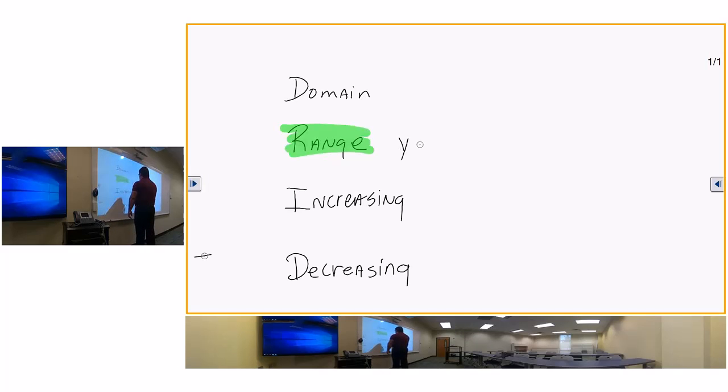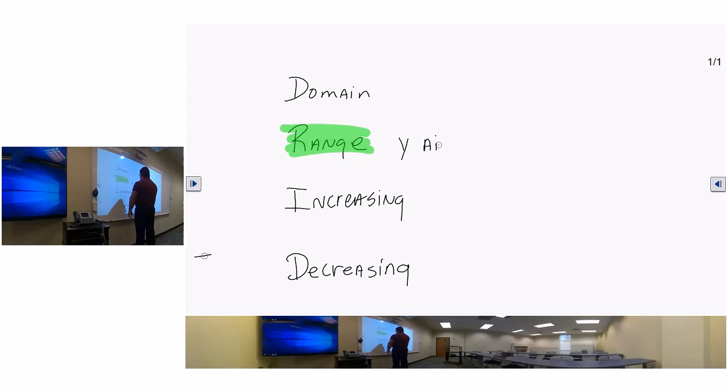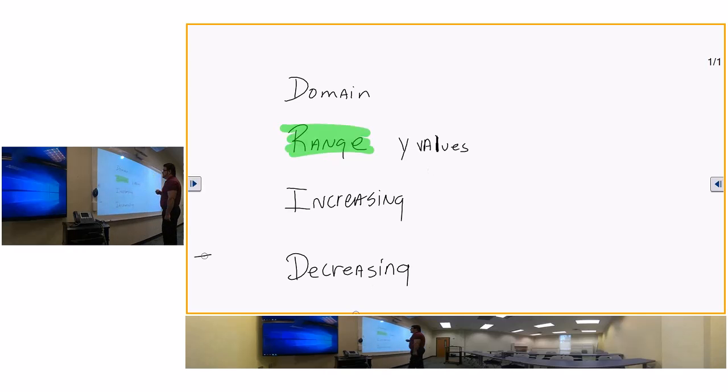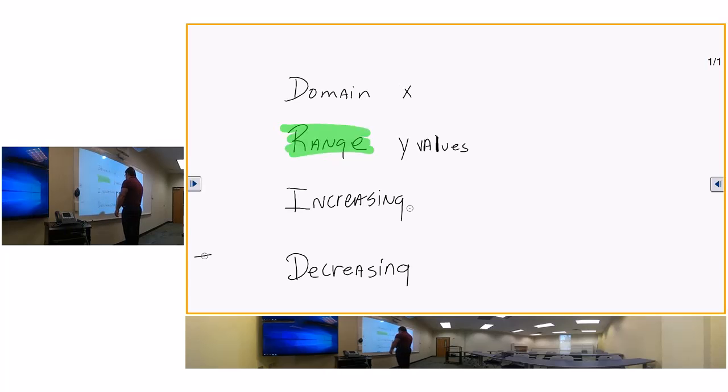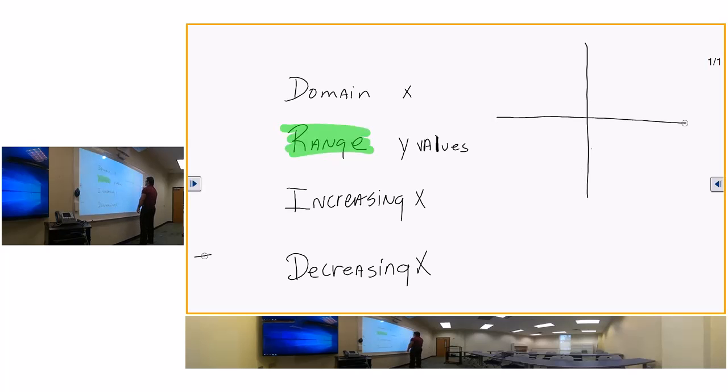This is the only one that's in terms of the y values. So therefore, this is in terms of x, and these are in terms of x. Okay? So, when you're looking at a graph, this is what you do in terms of increasing and decreasing.